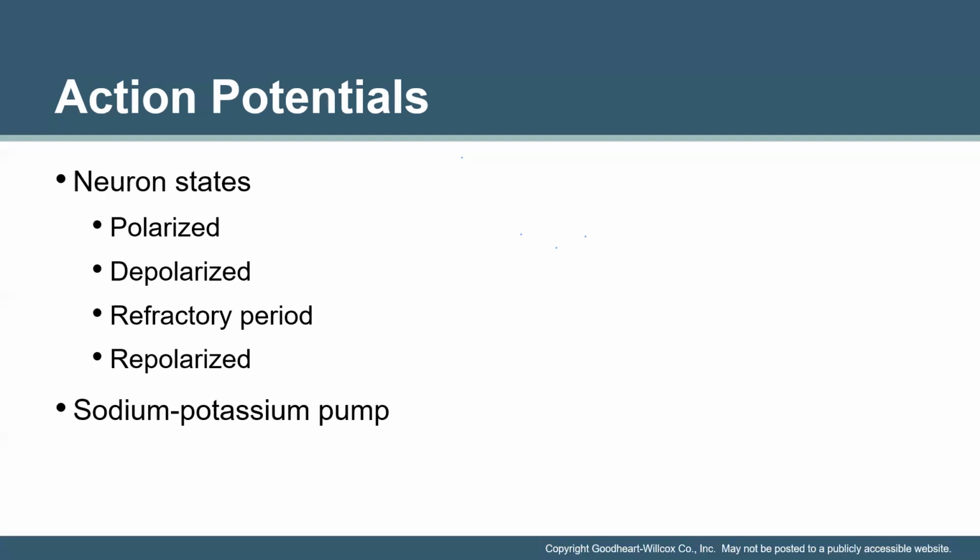So let's get into what that means. Now you have an awareness of what polarity is, or what it means to have a neuron in a polarized state. That means that we have a charge difference from one side of the membrane to the other. Anytime you see the word depolarized, we're bringing something out of this vast difference of charge, and we're bringing it toward a more neutral state, or even past neutral into a completely different state.